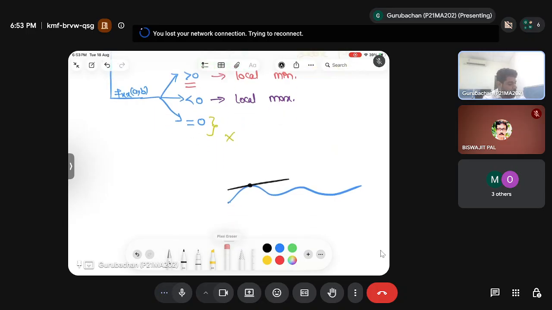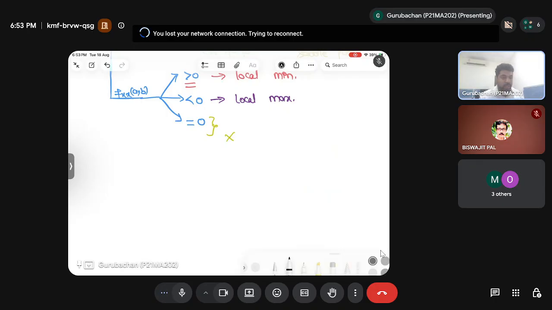Okay, so now you know what is the necessary and sufficient condition. So I am giving you a simple problem to decide the critical point, local minima and local maxima.